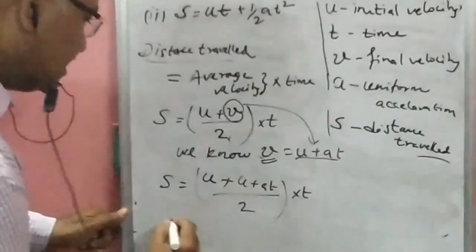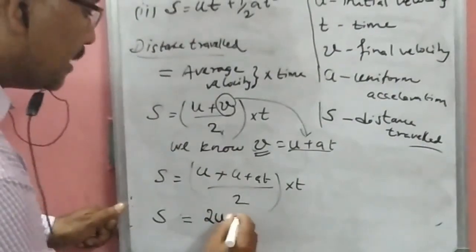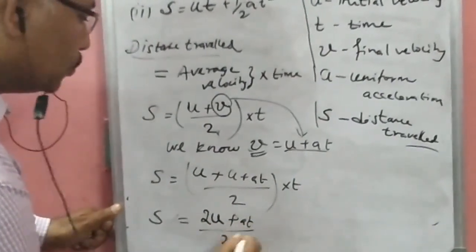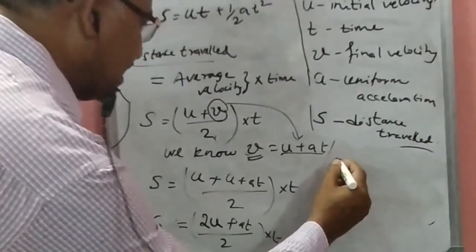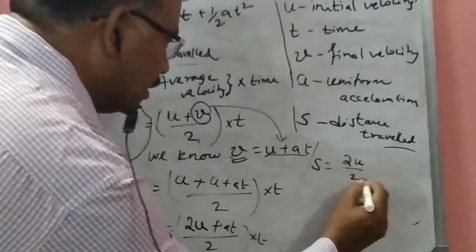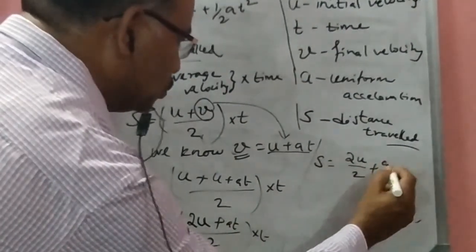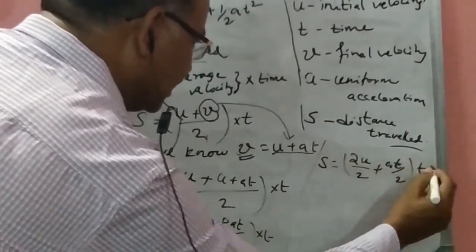So here s is equal to u plus u, it can be written as 2u plus at by 2 into t. So again here s is equal to 2u by 2, you separate it, plus at by 2 into t.